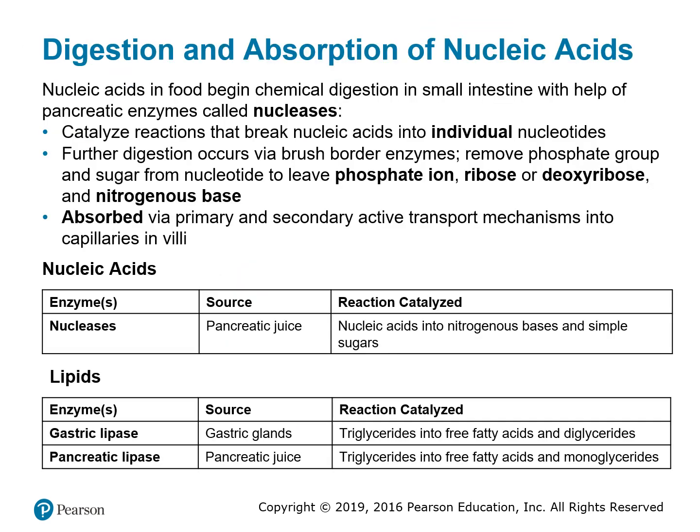Now, just to give you an idea for nucleic acids, there is also chemical digestion that happens. Nucleic acids are like DNA and RNA. The enzymes that digest nucleic acids are nucleases.